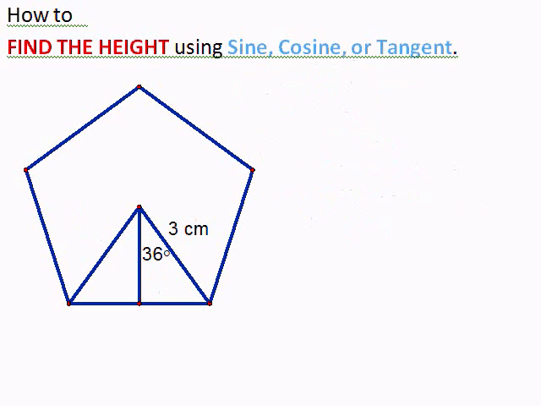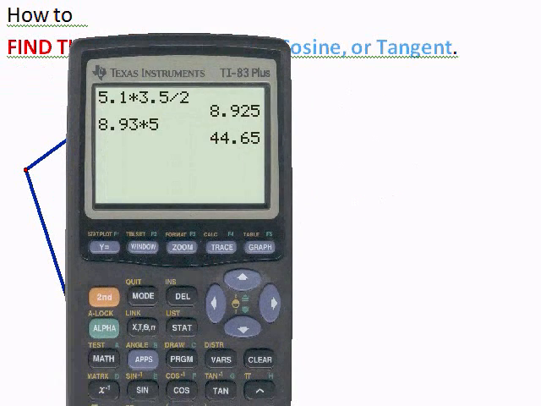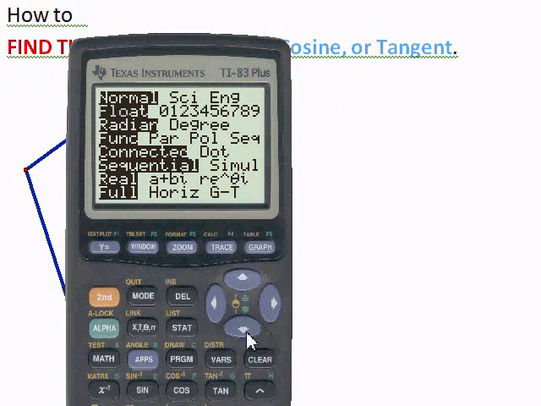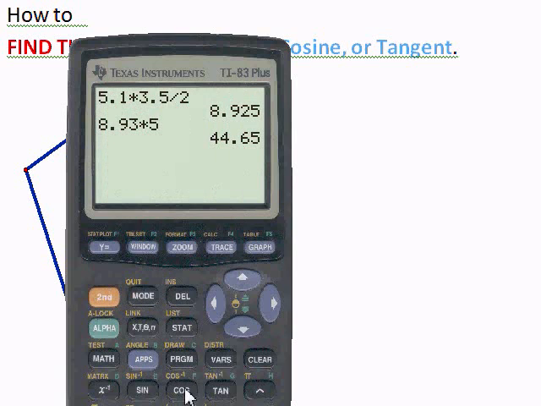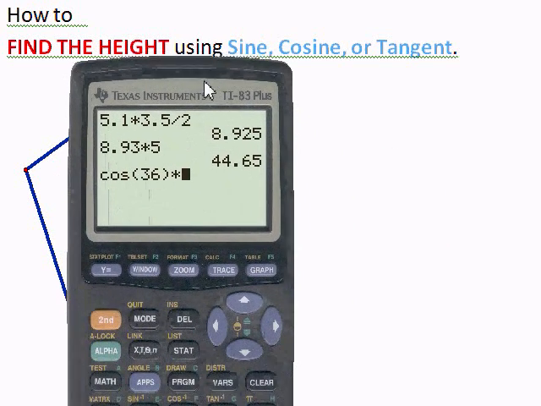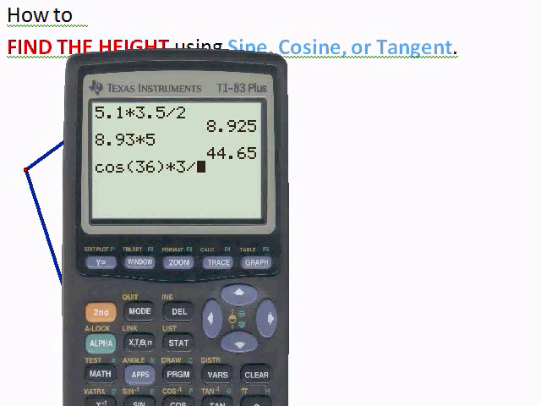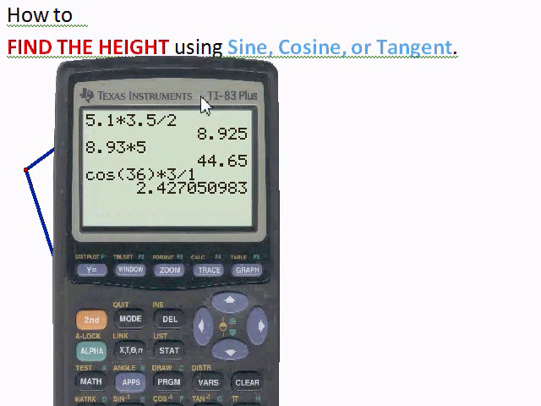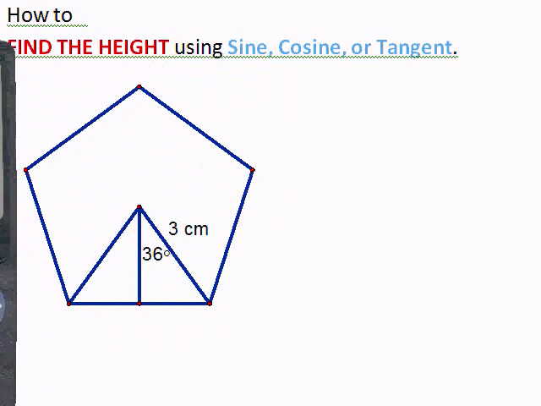Go ahead and grab your calculator, turn it on, make sure it's in degree mode, by going mode and then over to degree, press enter. And we're going to go cosine 36 times 3 divided by 1, and we get 2.43 as our height.